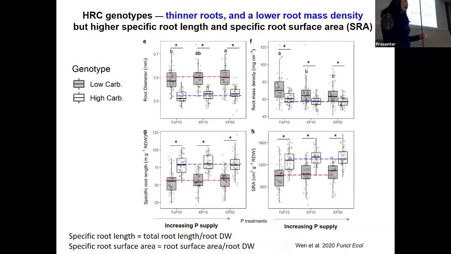And we looked at the root morphology data. We found here, this one, the gray one, is genotype with low carboxylates. The white one is high carboxylate. All the genotypes with high carboxylates had lower root diameter, which means roots are thinner, and low root mass density, but high specific root length and high specific root surface area.